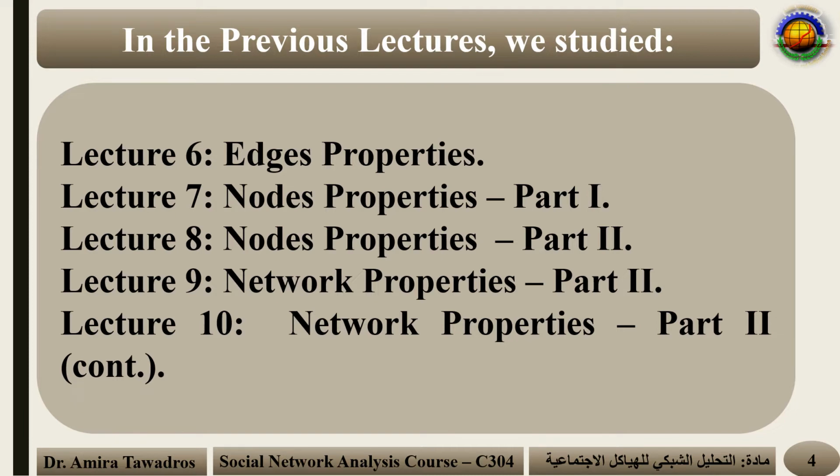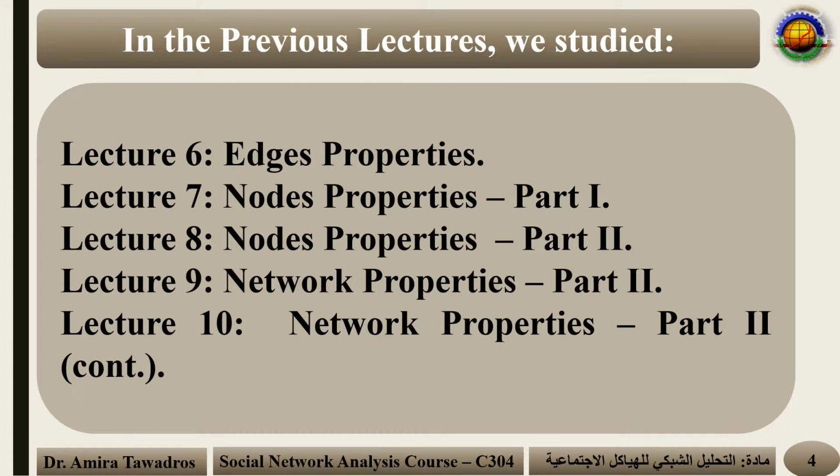So from the path concept, we moved to the path length, which is the number of steps or the number of edges you have to pass by in order to move from one node to another. So path and path length are two properties that can be calculated using the edges of the network.